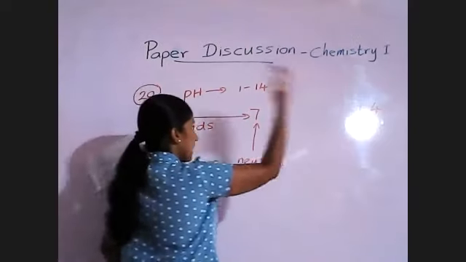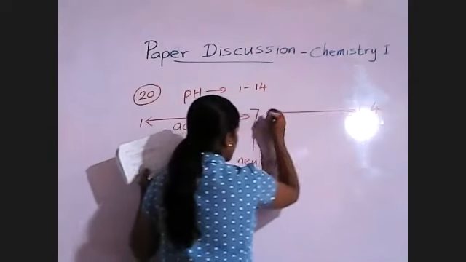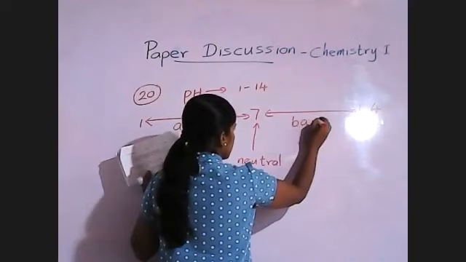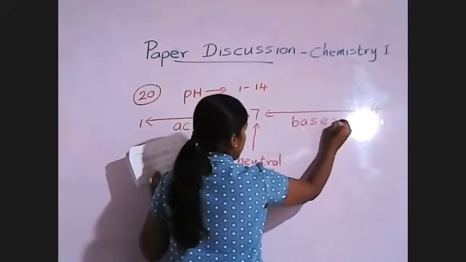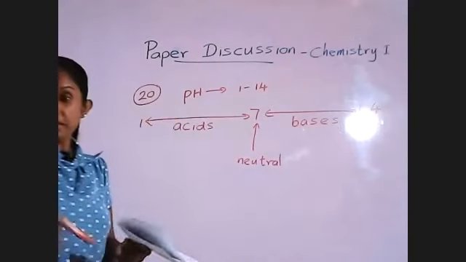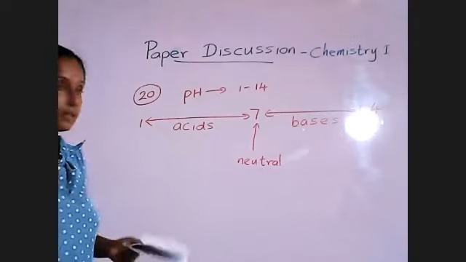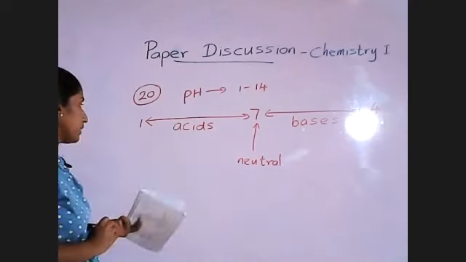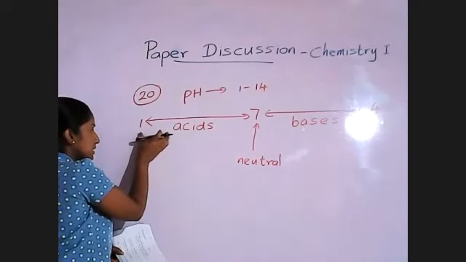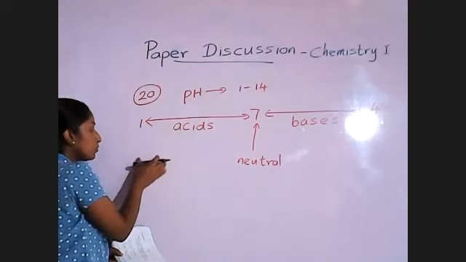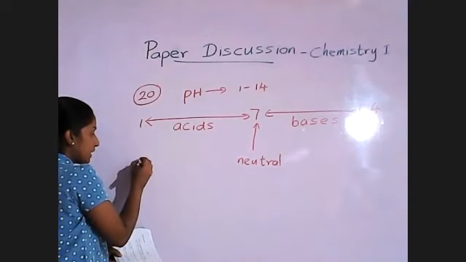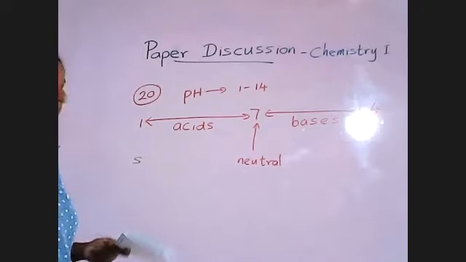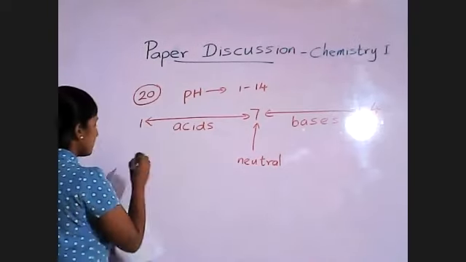If it is higher than 7, up to 14, they are bases. Another thing we have to consider is that there are weak acids and strong acids. If the pH value is 1, 2, 3, 4 like that, we say they are strong acids.